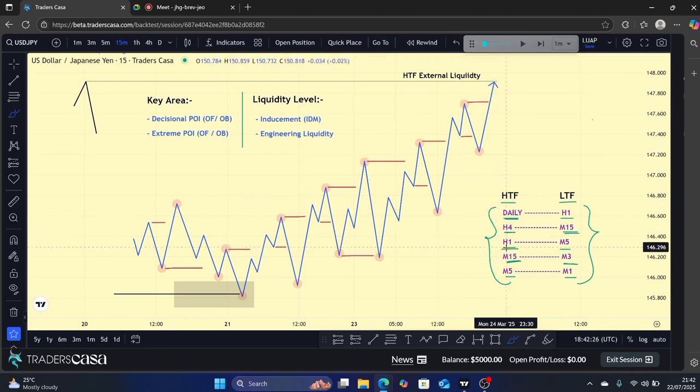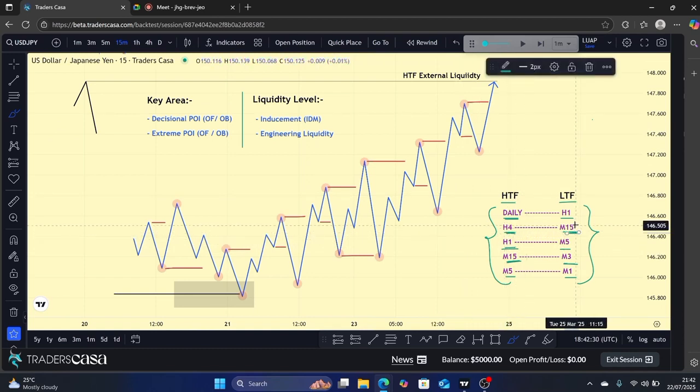So personally, I am using the H4 and the M15, but I don't take the trade from the M15. I usually take the trade from the M5 all the way to the M1. So it's a combination of these. I can take it from the M15, then M3, or from the M5, or from the M1.